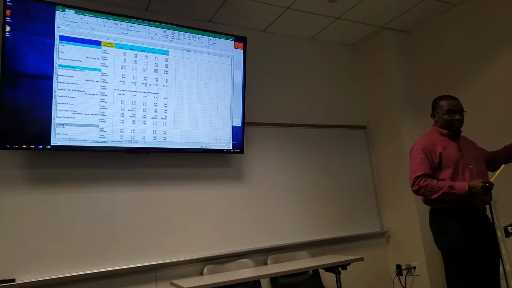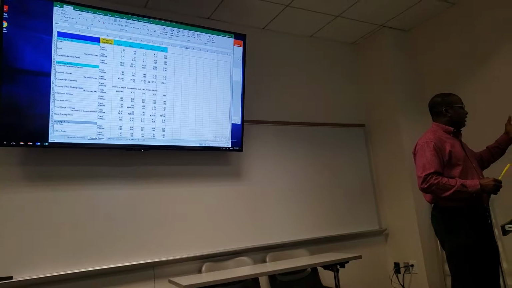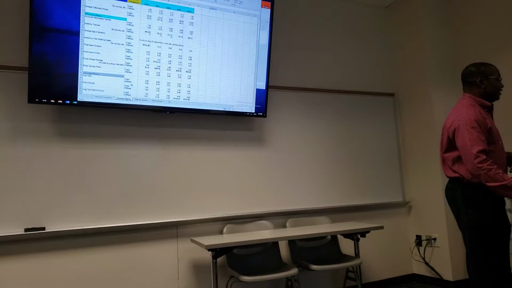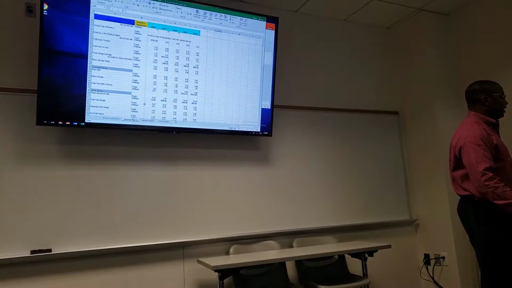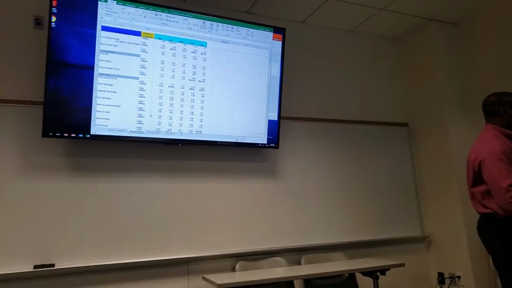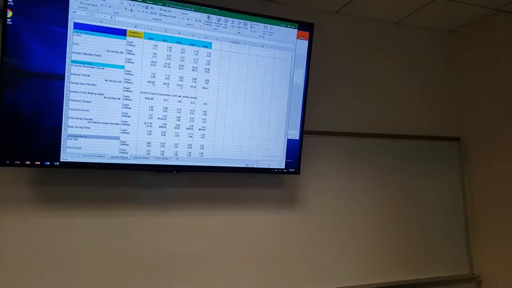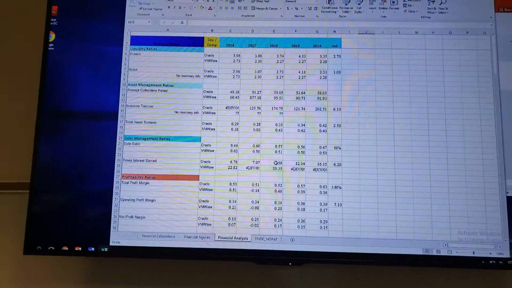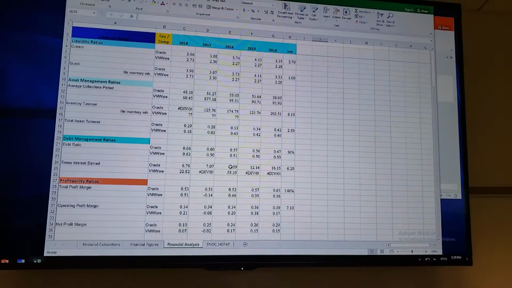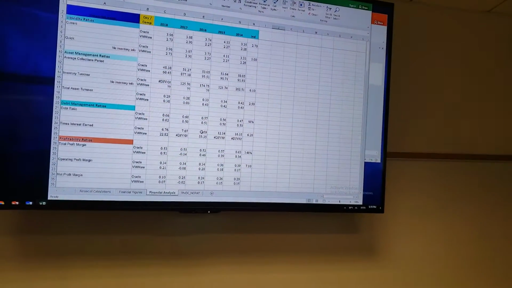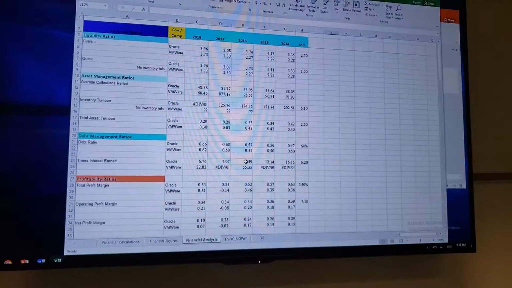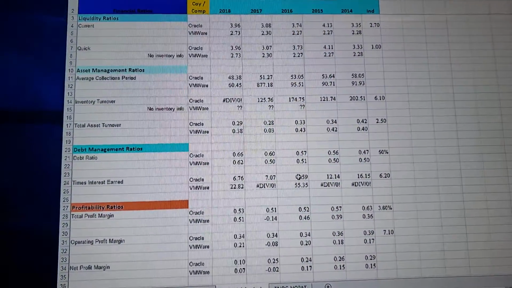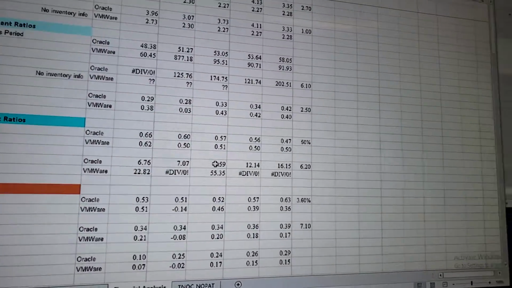I did liquidity ratio analysis and computed efficiency ratios, leverage ratios, and a whole lot of other ratios that were generated. To do this, I went online to Yahoo Finance and some other online resources, and I pulled the financial statements for the company for the past 5 years.